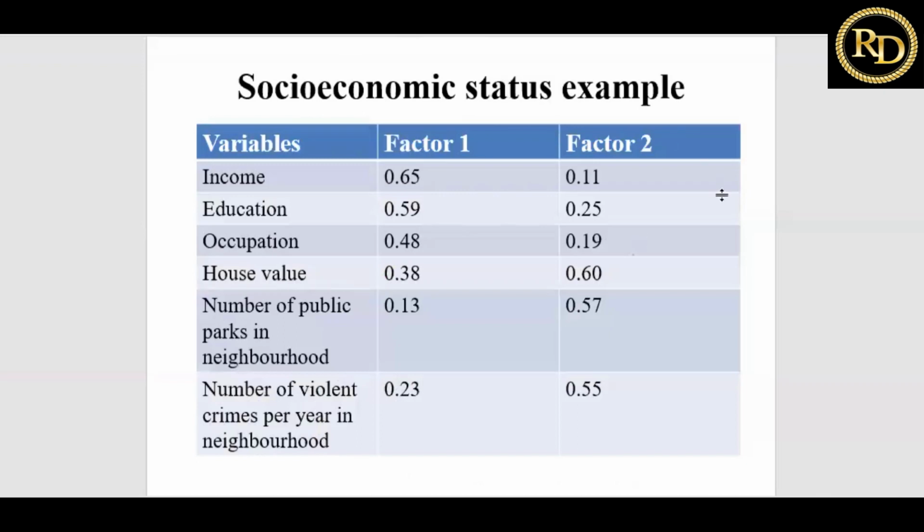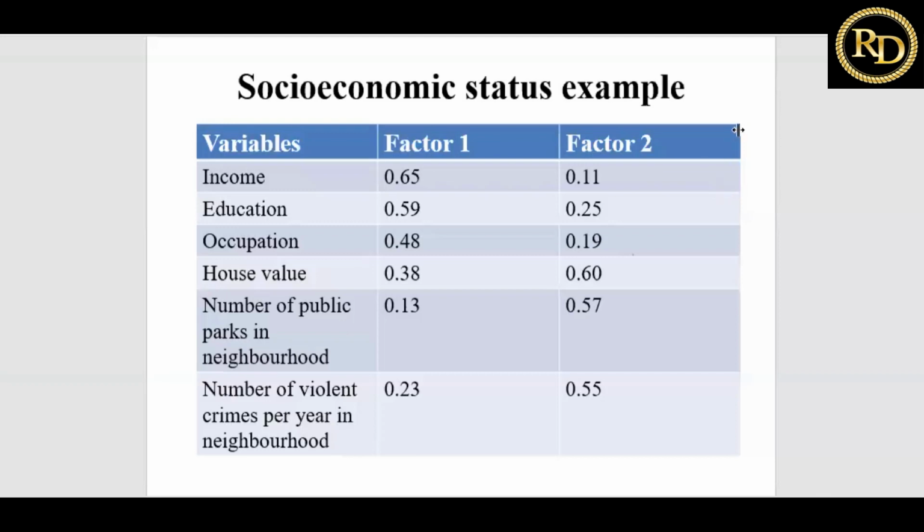So basically what I'm trying to explain to you, I'm taking another example. For example, socioeconomic status. Socioeconomic status can be understood through income, education, occupation, house value, number of public parks in a neighborhood, and number of violent crimes per year in a neighborhood.